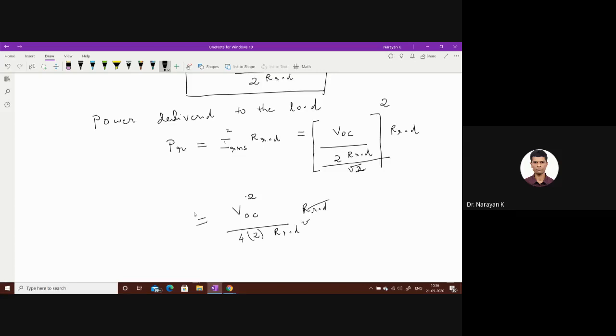This one time will get cancelled. So you will end up getting VOC square divided by 8 into radiation resistance. So this is your power delivered to the load or power received. I will call this equation number 4. Is it clear till here?